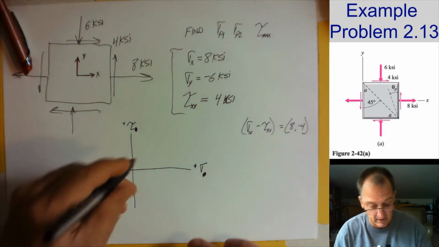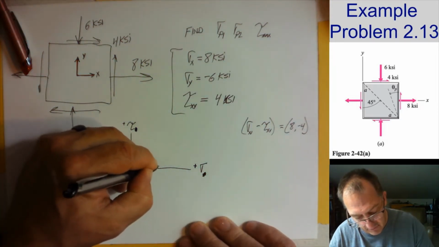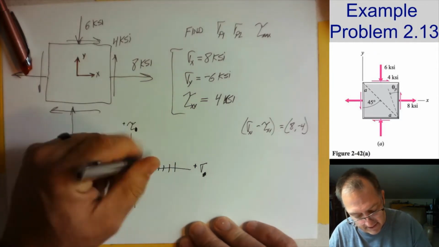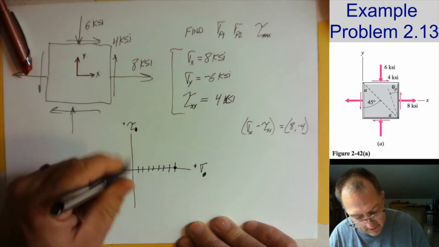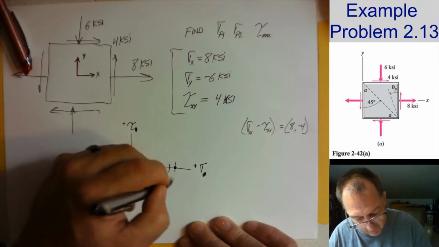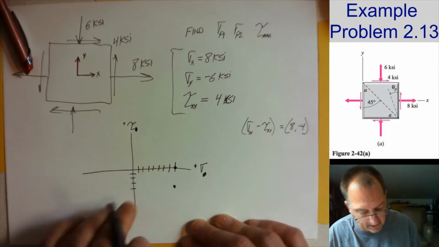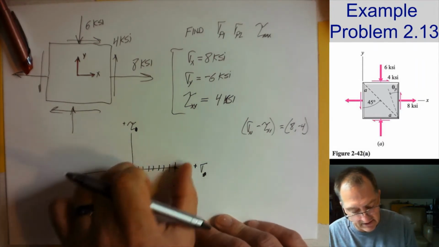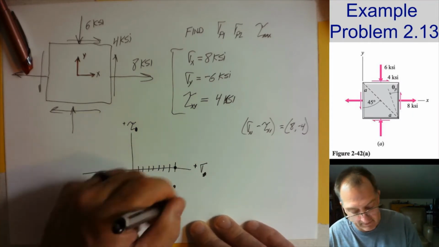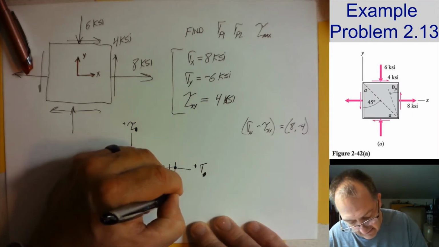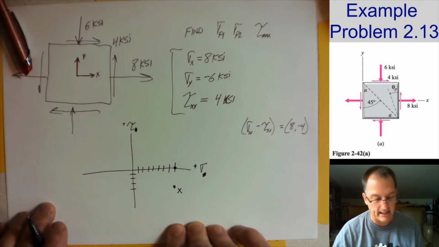Okay, so 1, 2, 3, 4, 5, 6, 7, 8. 1, 2, 3, 4. Yeah, you know, that's about twice that, so that's my first point, and that's going to be x. That's my point x.